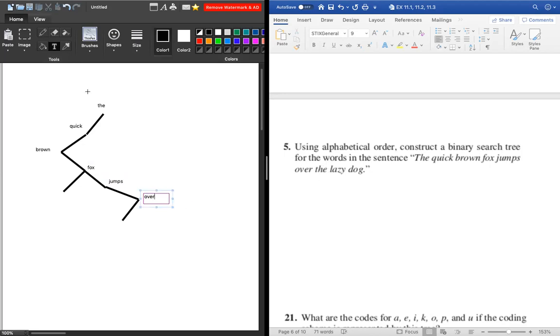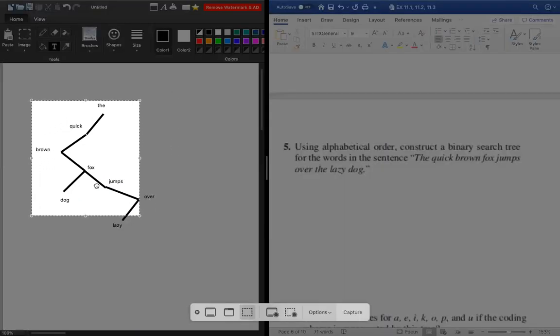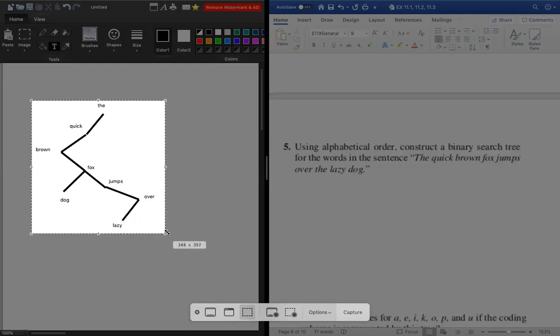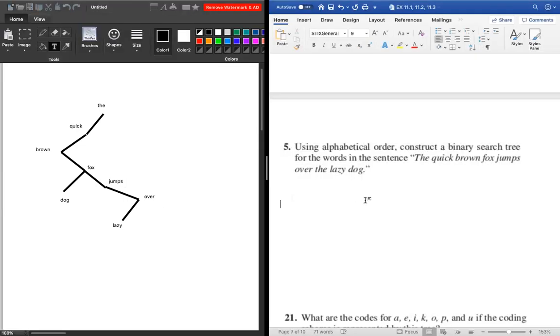But the is already here, so we want the lazy dog. Okay, so here we have the quick brown fox jumps over the lazy dog. Let me take this and then I'll put it here.